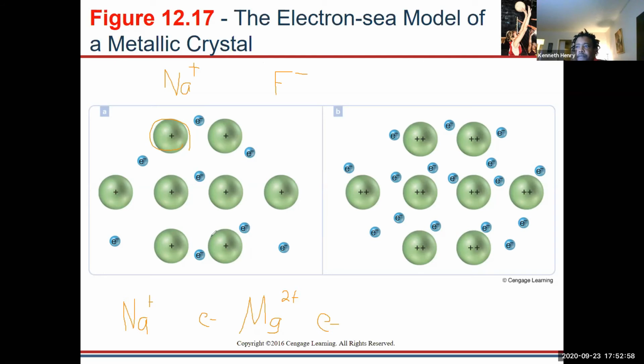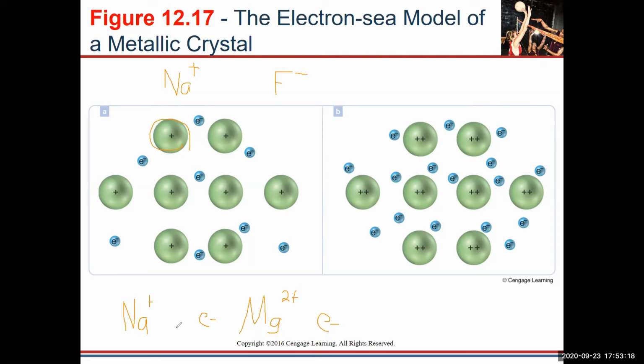These guys are faking it till they make it, right? So magnesium and sodium are not interacting together. They're just playing around with the electrons. Okay? Okay, thank you for explaining that. I understand now.